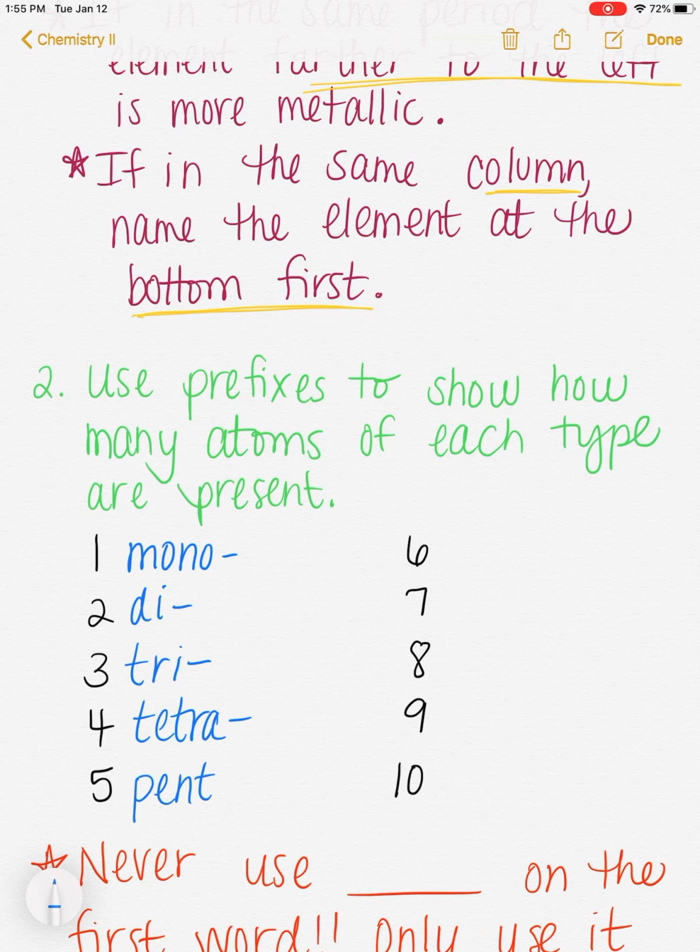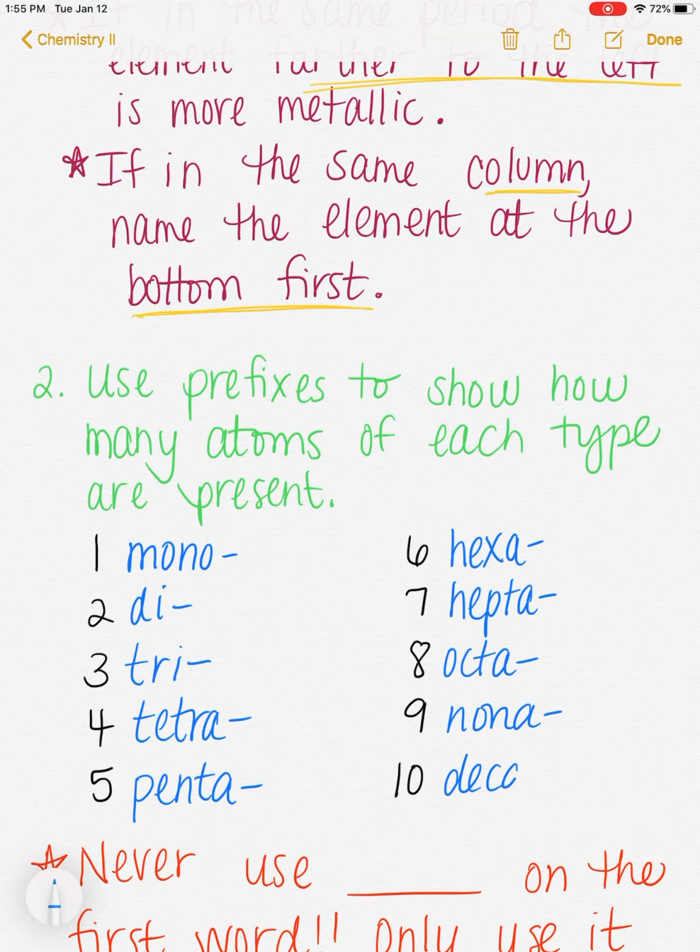If there are five, we use the prefix penta. If there are six, you shall use the prefix hexa. If there are seven, we use hepta. If there are eight, octa is the prefix, 9 is nona, and 10 is deca.